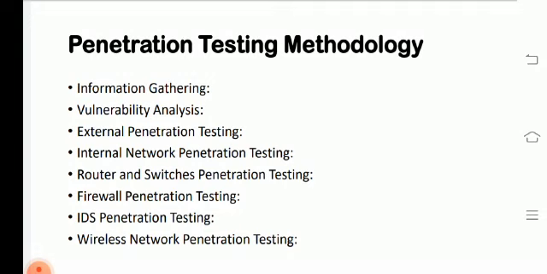Next is vulnerability analysis. Vulnerability analysis is a method of identifying vulnerabilities on a network. It provides an overview of the flaws that exist in a system or network. Next is external penetration testing.